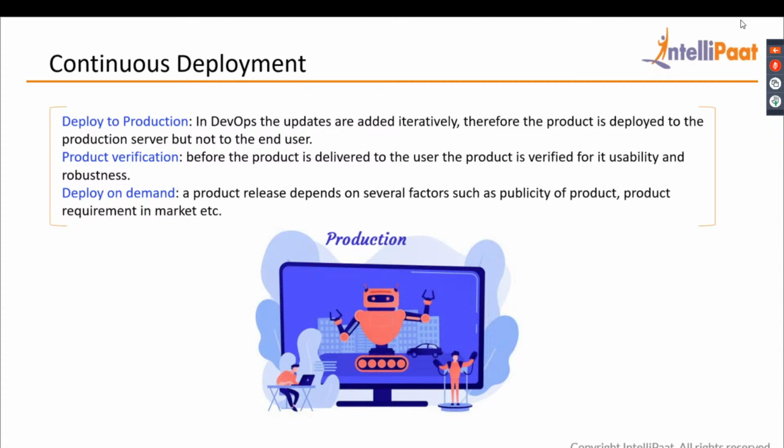Second thing is product verification for the client or for your company. The product which is pushed into the production environment is checked, and if it runs successfully and everything is fine, then it is made available for public use. The same thing happens every time a new feature is released for the application.